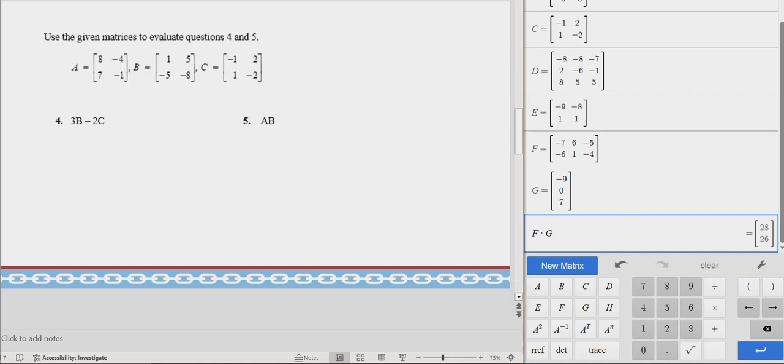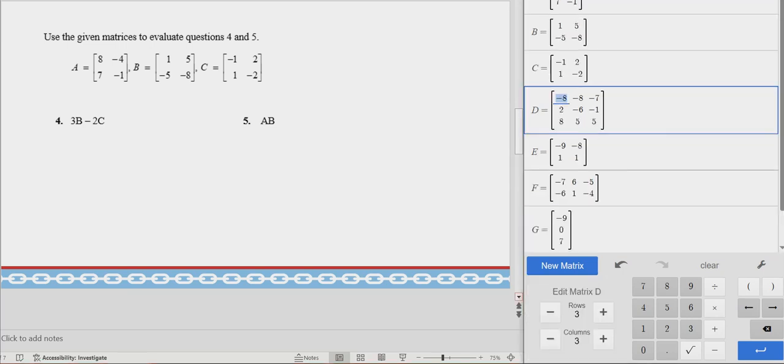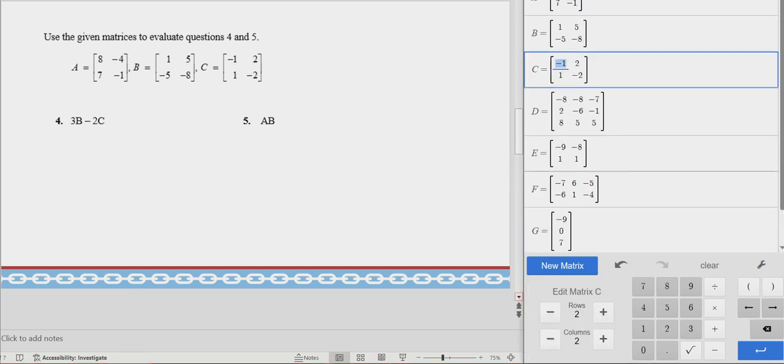For numbers 4 and 5, they give us 3 matrices, A, B, and C. I would just enter those into my calculator as A, B, and C. I have already done that. Can't make them all fit in the screen there, but you can see the bottom half of A and then B and C. Making sure that everything is typed in correctly.